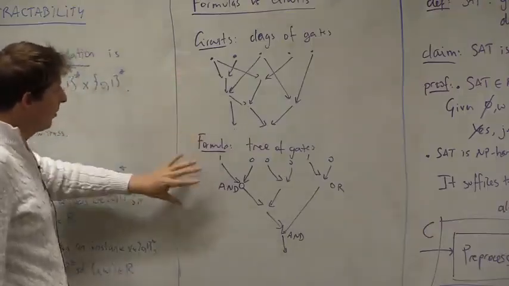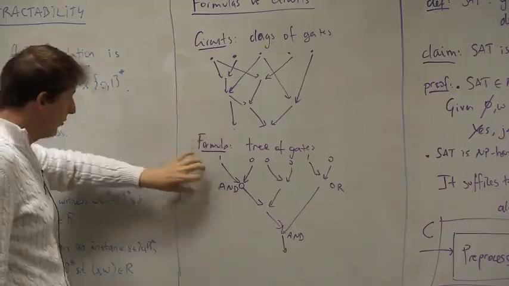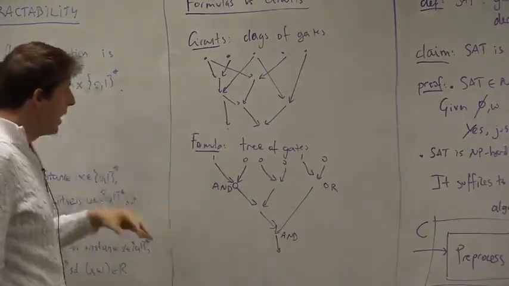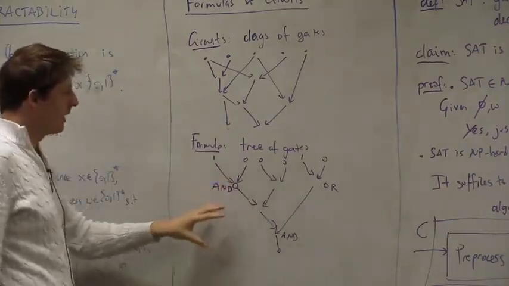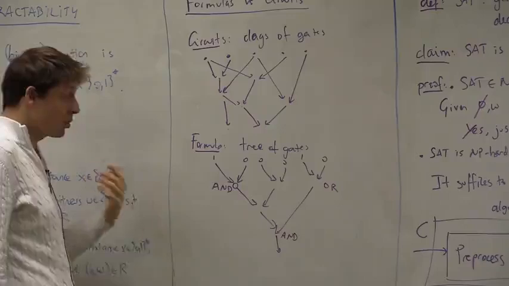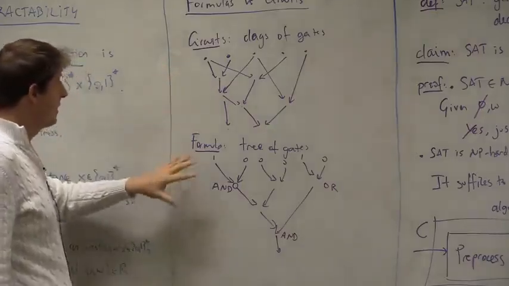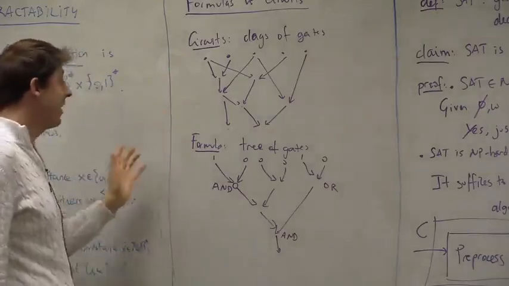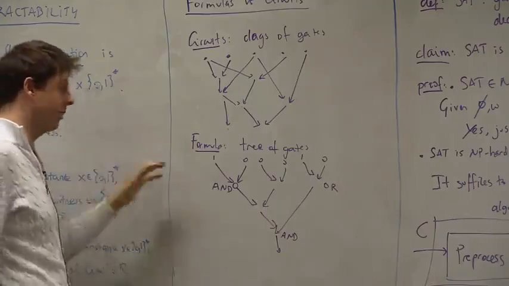So clearly, trees are a special case of DAGs, right? So formulas are a special case of circuits. If you can show that the satisfiability problem for a simpler type of object is NP-complete, that is a stronger result, right? So here we've made one first step, and we said, actually, you don't really have to think about CSAT, it is NP-complete. It suffices to think of SAT for formulas, a much simpler object.